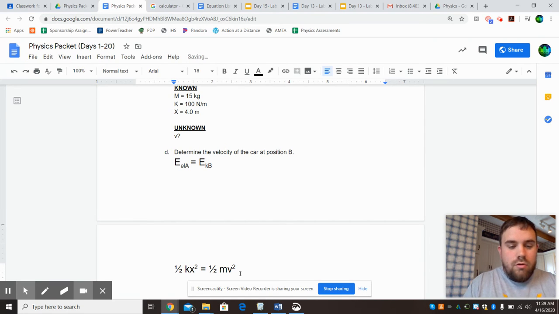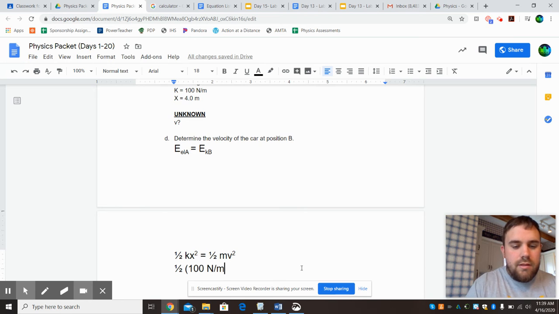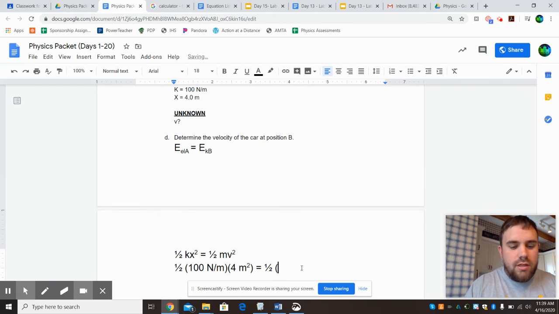So I'm going to go 1/2 of the spring constant, which is 100 newtons per meter, multiplied times the displacement of 4 meters squared. I'm going to set that equal to 1/2 times the mass, which was 15 kilograms, times the velocity squared.